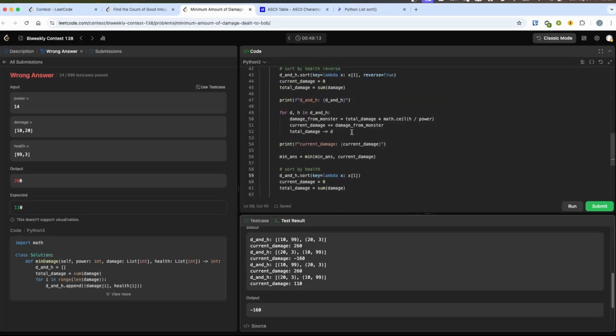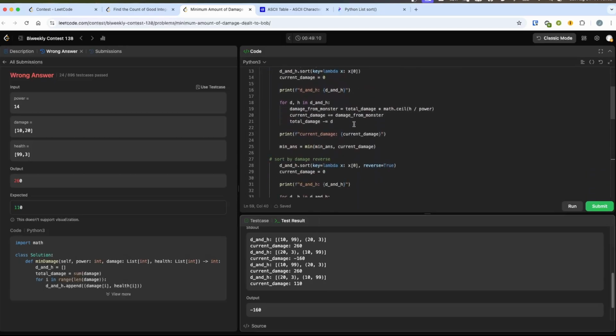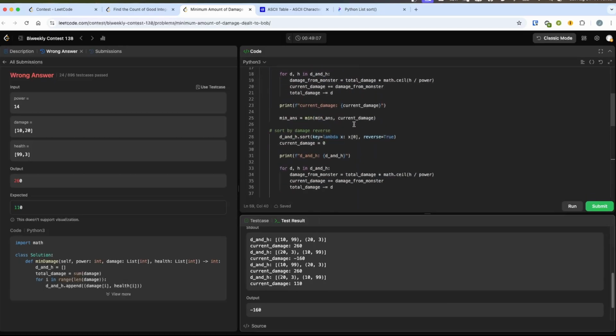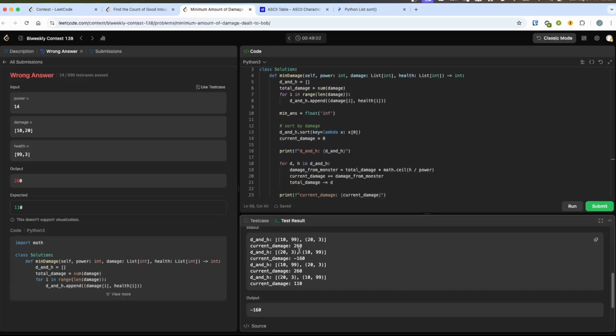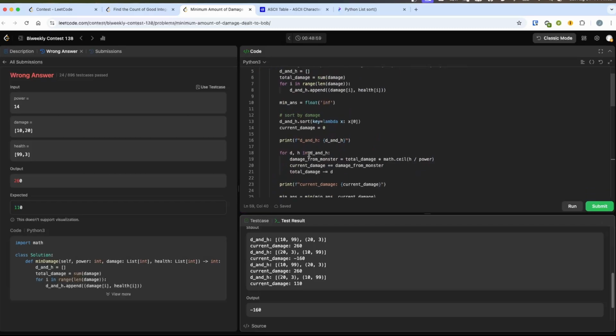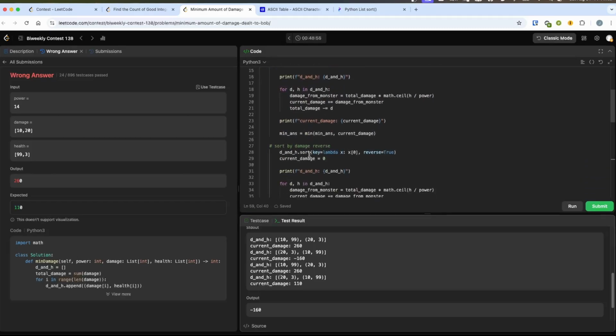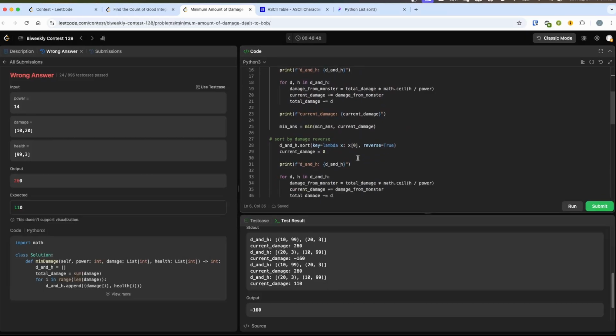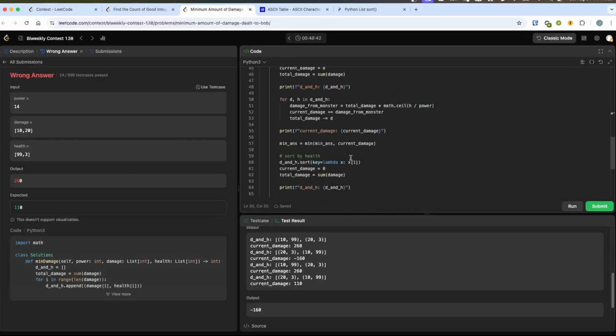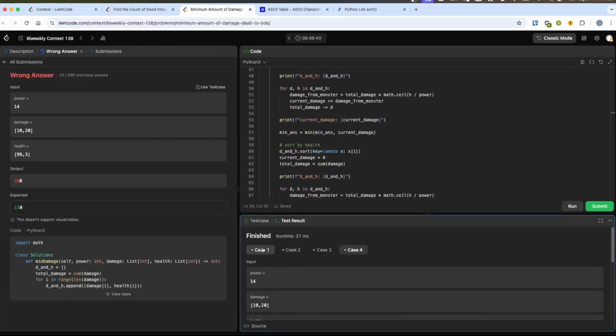Yeah, negative somehow. Sort by damage. So we have to redo total damage here. Do total damage here, total damage here. So now we get 110, we get 39, we get 20, 320.